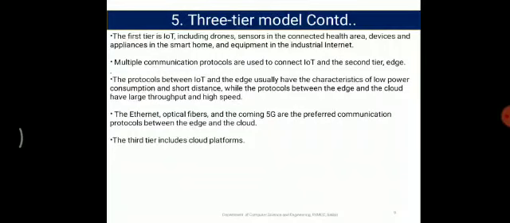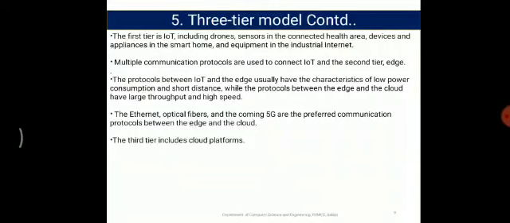The IoT tier and the edge are interconnected with communications made by 3G, 4G and 5G with the help of Wi-Fi and Ethernet. Multiple communication protocols are used to connect the IoT and the second tier, edge. The protocols between the IoT and the edge usually have the characteristics of low power consumption and short distance, while the protocols between the edge and the cloud have large throughput and long distance.